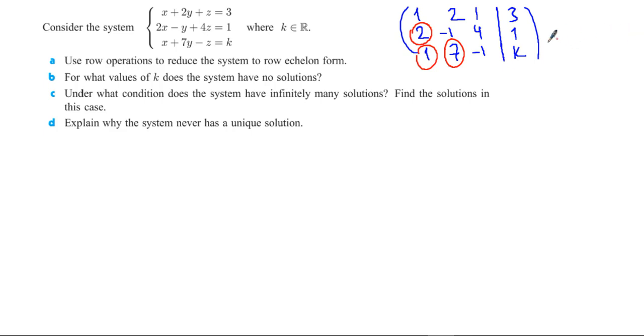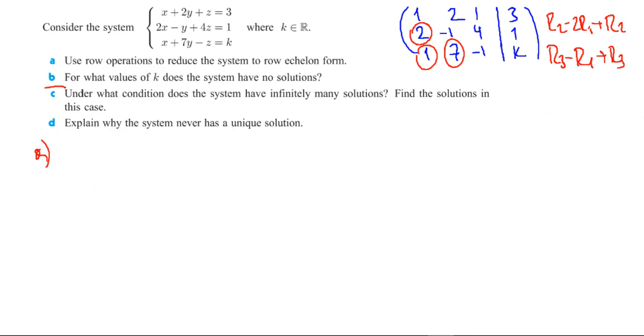So let's do it. As you can see, I need to make the second row 0 in the first column. So row 2 minus 2 times row 1, replace it in row 2, and then row 3 minus row 1, replace it in row 3. Let's first make them 2 zeros. Now let's do the row operations.